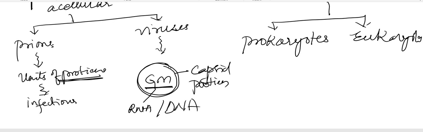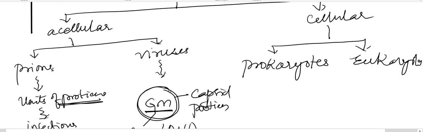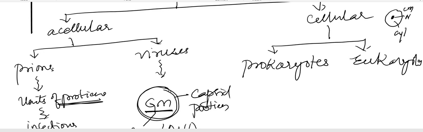Now the other one was, I referred to the cellular components, like prokaryotes and eukaryotes. Now cellular, you know what is cellular? Cellular means it should have at least the cell membrane, a nucleus, and the cytoplasm, or you can say the cellular matrix. These are the basic components which have to be present in the cell.